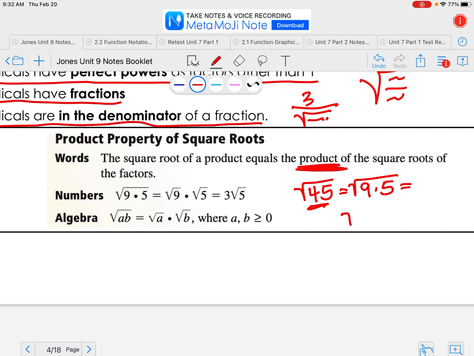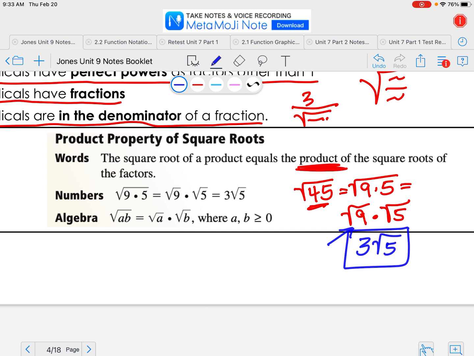So that is equal to square root of 9 times square root of 5. So all of this has equal value. But I know the square root of 9, it's 3, because 9 is called a perfect square. So I drop the radical and actually do the square root and get 3. But square root of 5 stays under the radical.